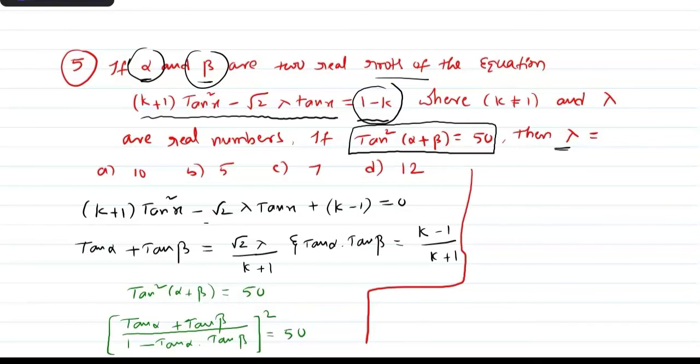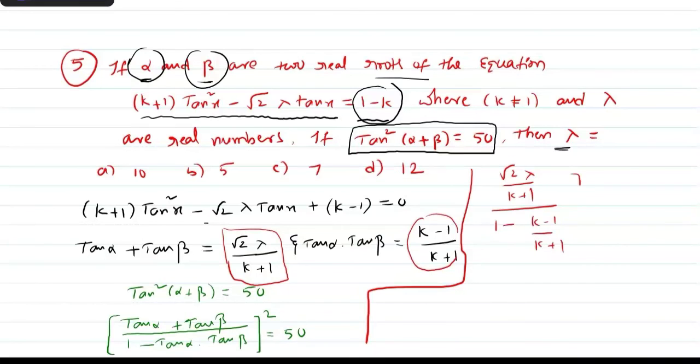Tan alpha plus tan beta value we got root 2 lambda by k plus 1. So root 2 lambda by k plus 1 whole by 1 minus tan alpha and tan beta value, which is k minus 1 by k plus 1. So k minus 1 by k plus 1, we have whole square here, is equals to 50.